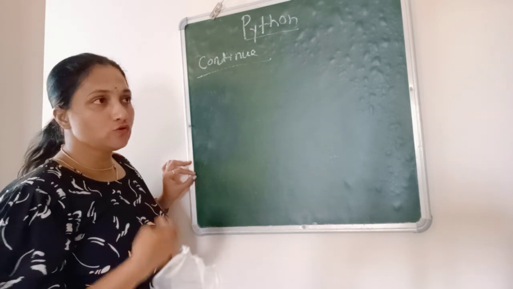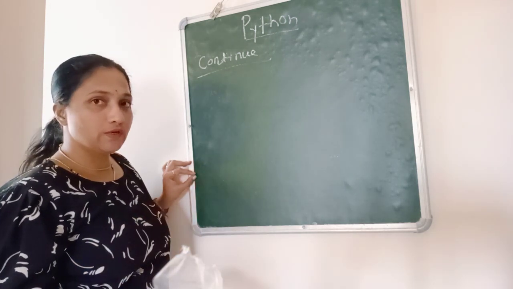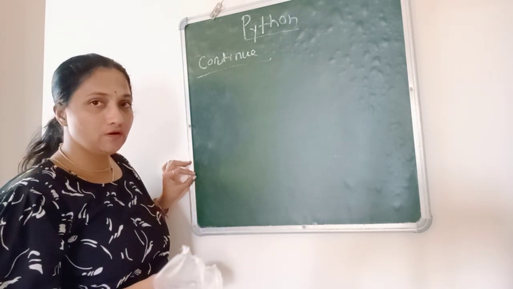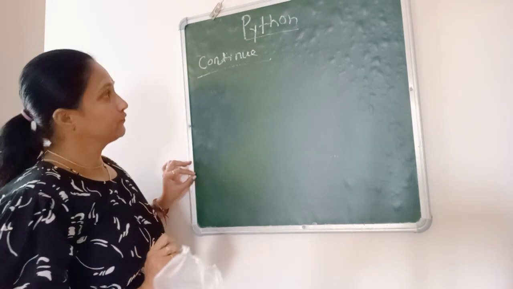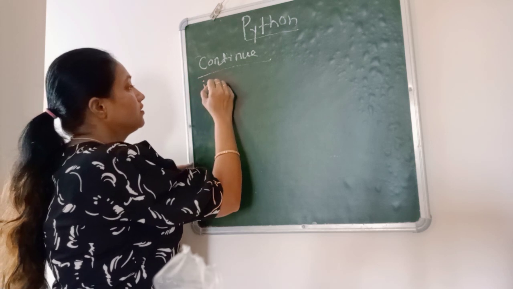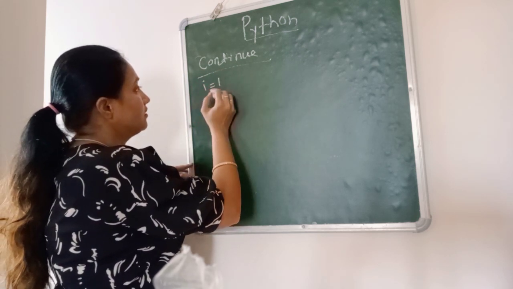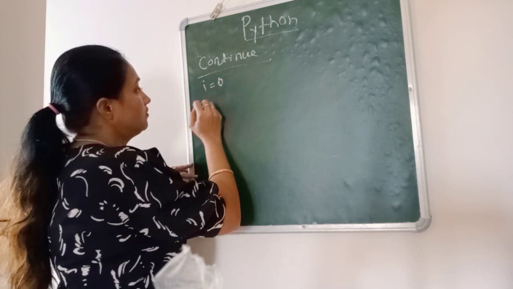If you don't want to execute a few statements when some condition is met, that time you use the continue statement. Now we'll see a small example just for displaying even numbers. I'll take here an iterative variable, let us take it from 0.